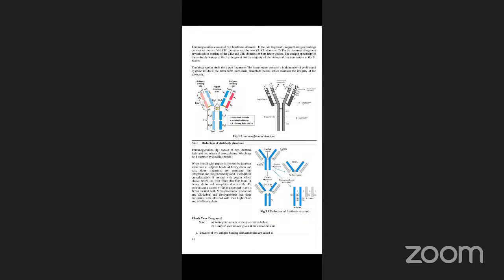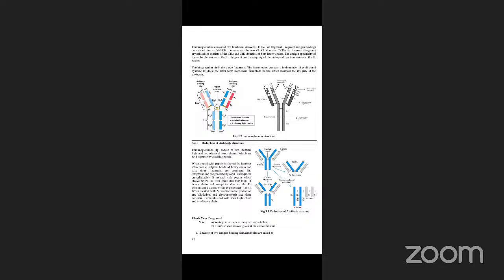So the immunoglobulin consists of two functional fragments, that is the FAB fragment, which is the antigen binding fragment, that is VH, CH1, and VL, CL1. Now the FC portion is the bottom one, and the antigen specificity of the molecule is mainly through the FAB region.